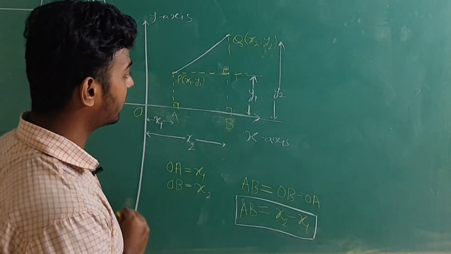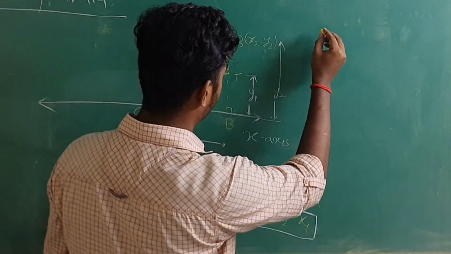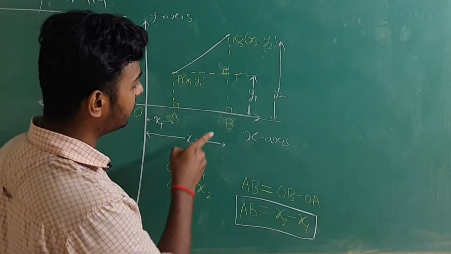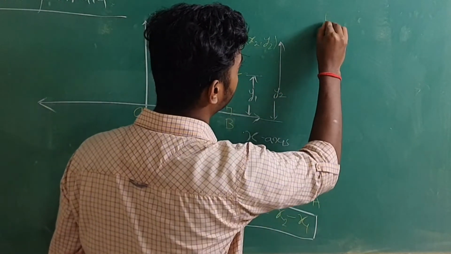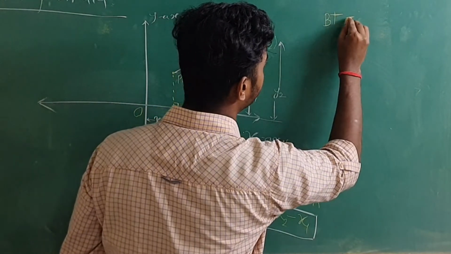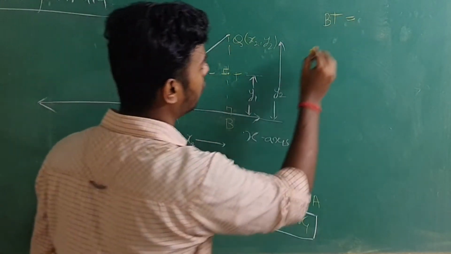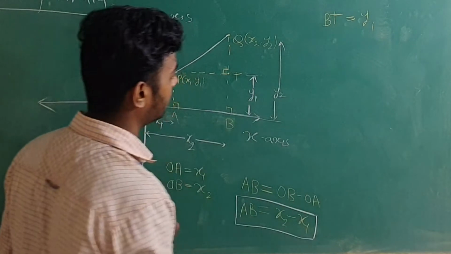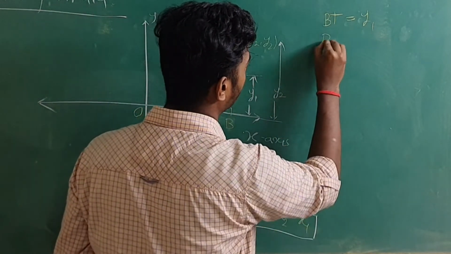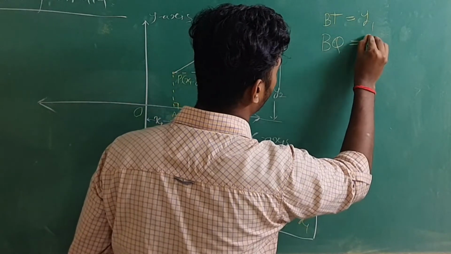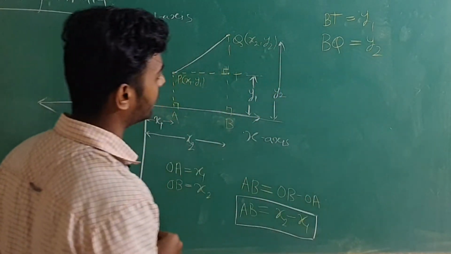From the diagram, BT is y1 and BQ is y2.